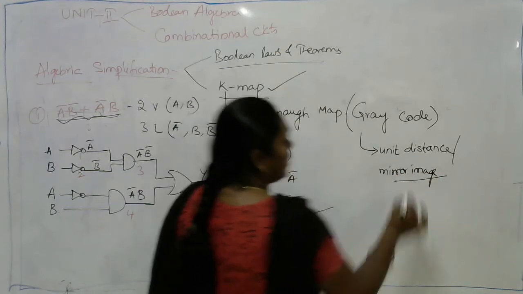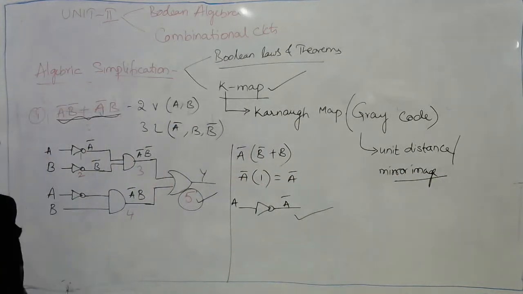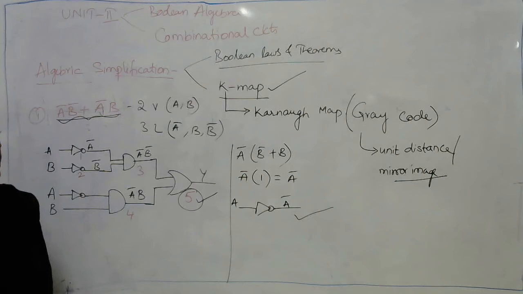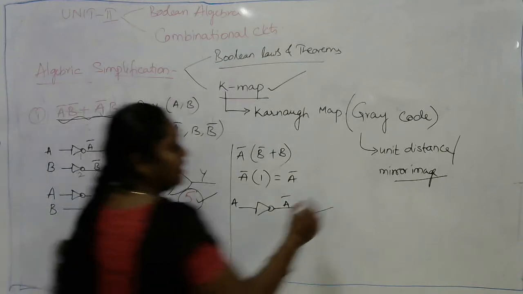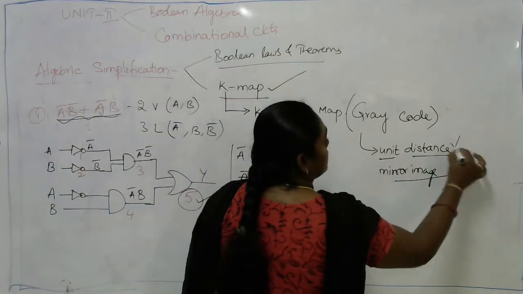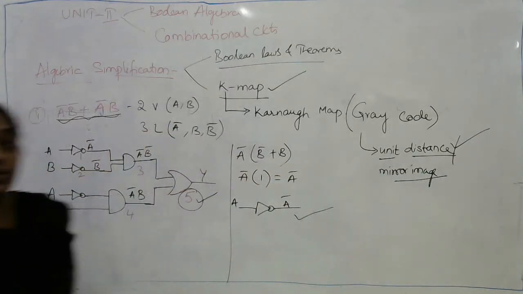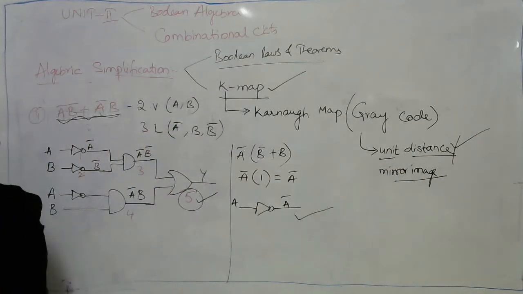As it performs a mirror image operation, it is used in a K-map, because whenever we write the gray code for 0 to 7, there is a change in only a single bit position between any two consecutive numbers. So as gray code has the property of a unit distance code, it is used in the simplification of Boolean algebra using the K-map method.